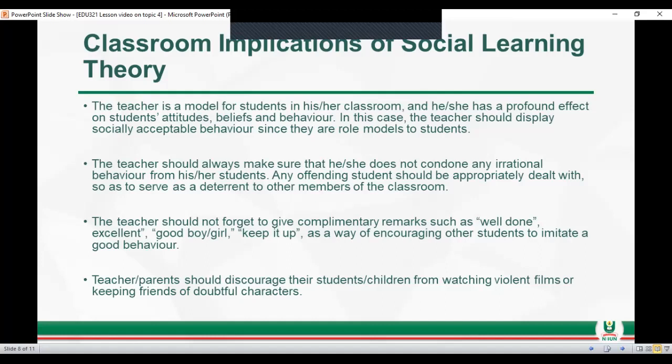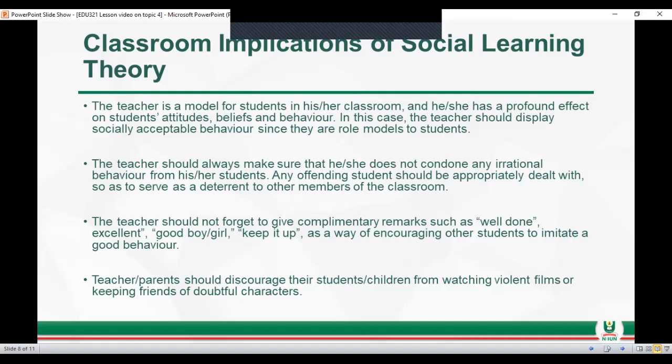These are all ways of encouraging other students as well to imitate the good behavior that is being commended. When you commend a student in class, the others, since we are dealing with observational learning, social learning theory, will try to imitate that good behavior. So in the class, you use more of these complimentary remarks, so that other children who have not yet received such remarks will try to imitate the good behavior that the commended child has shown.